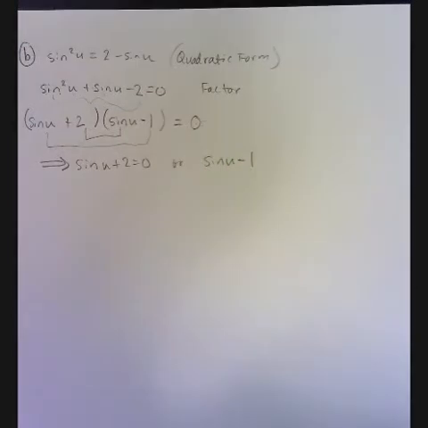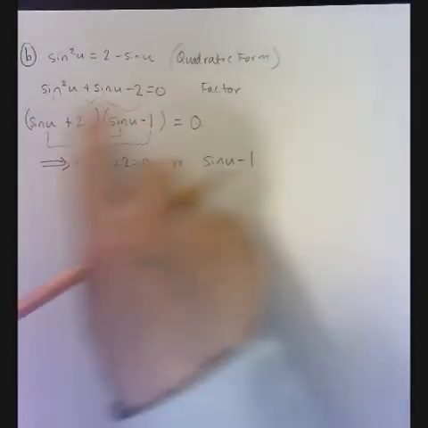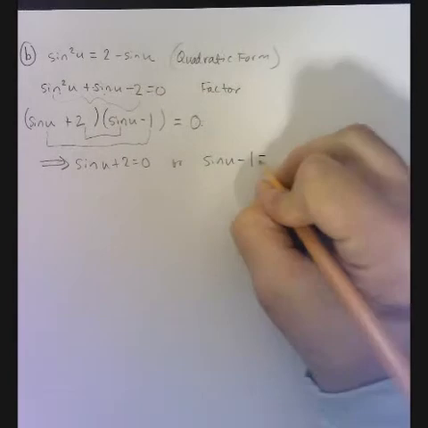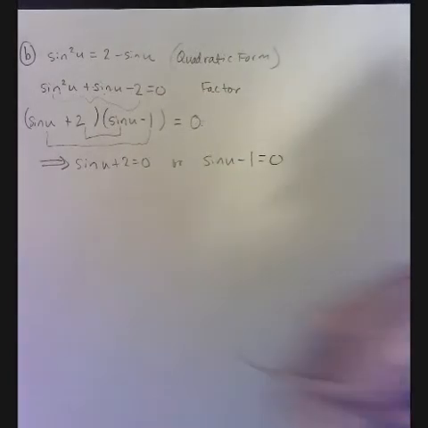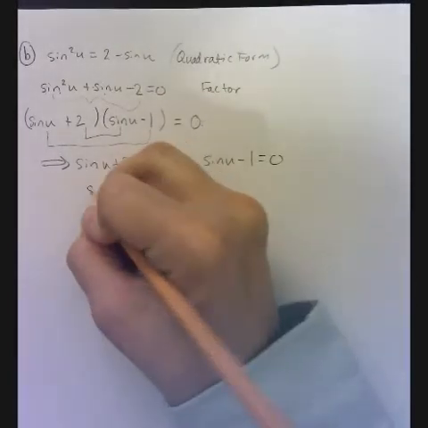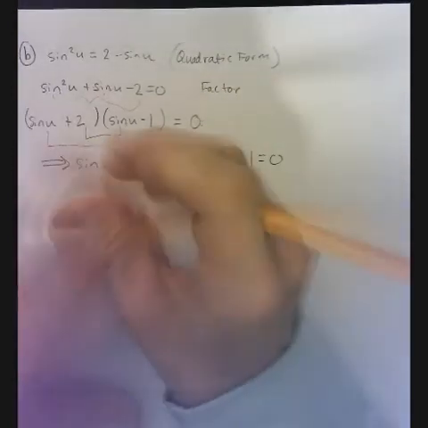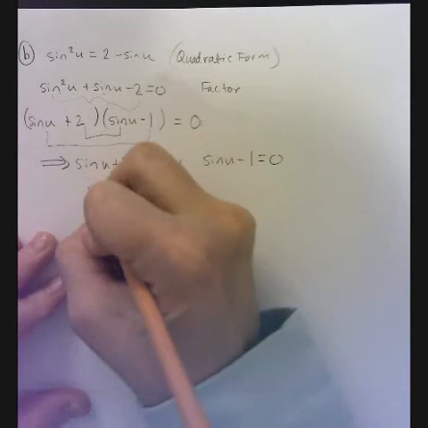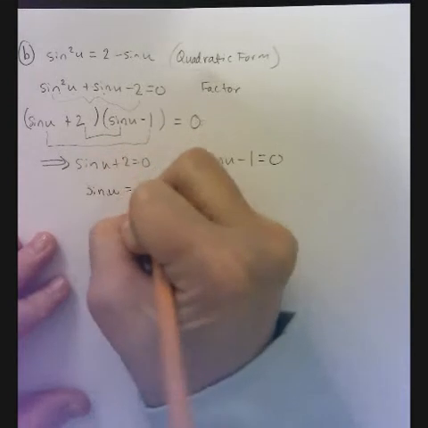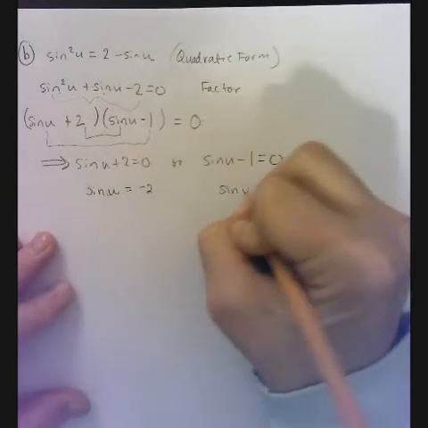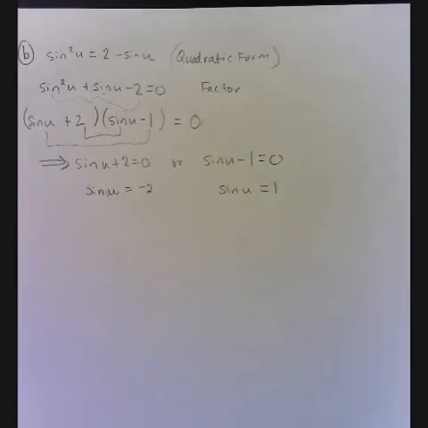Because this times this equals 0 means one of these things has to be 0. All right. Well, now we can isolate the sine, right? The first one tells us that this is true if the sine of u is equal to -2, and the second one if the sine of u equals 1. So look at those and think about those for a second.